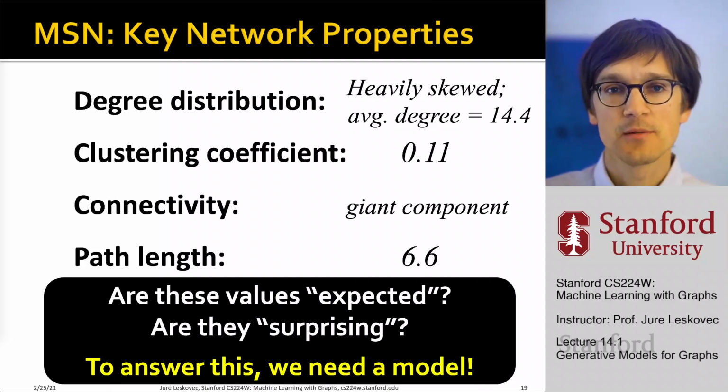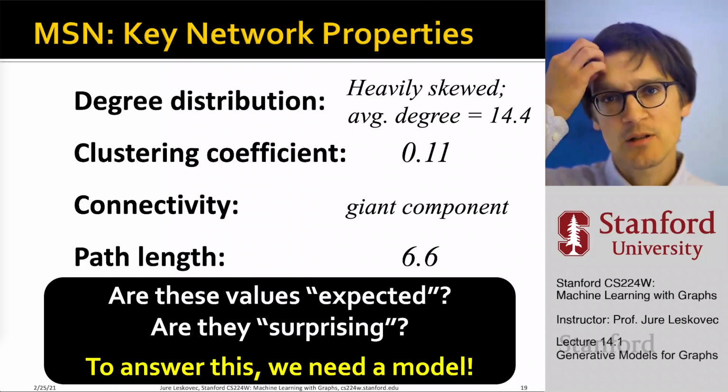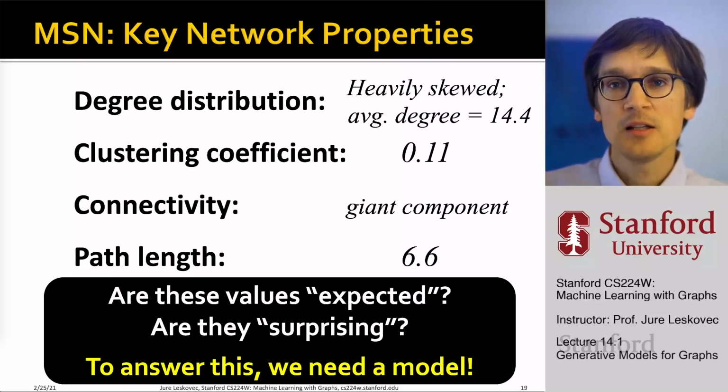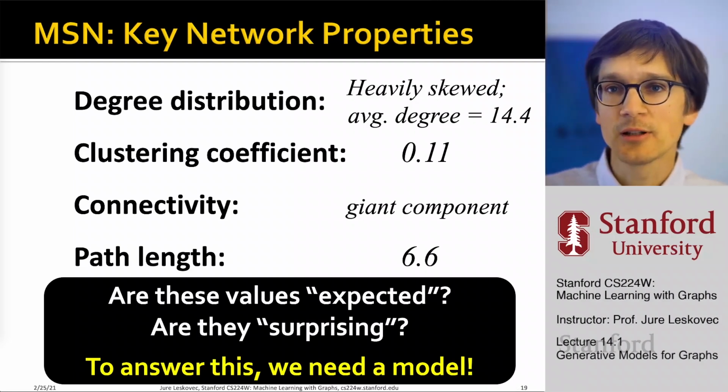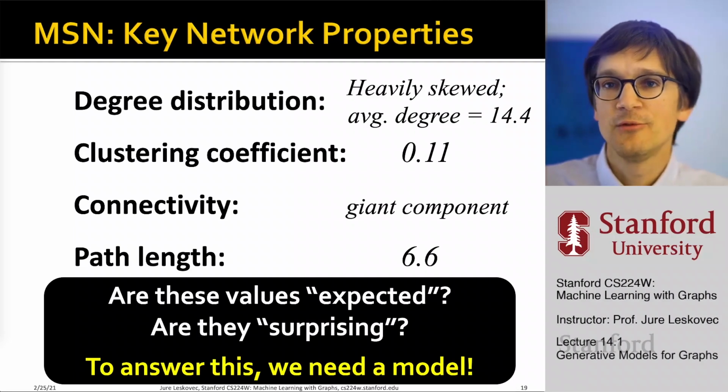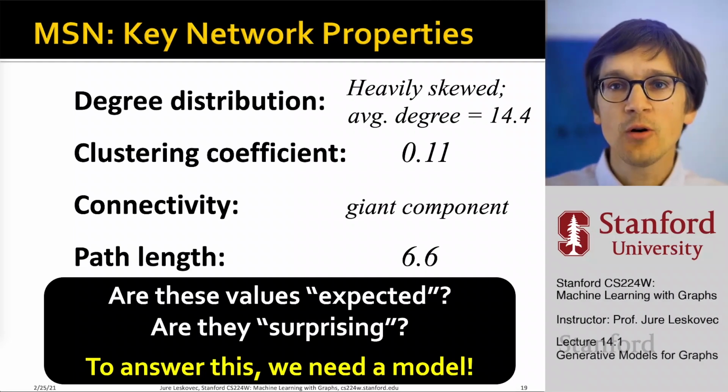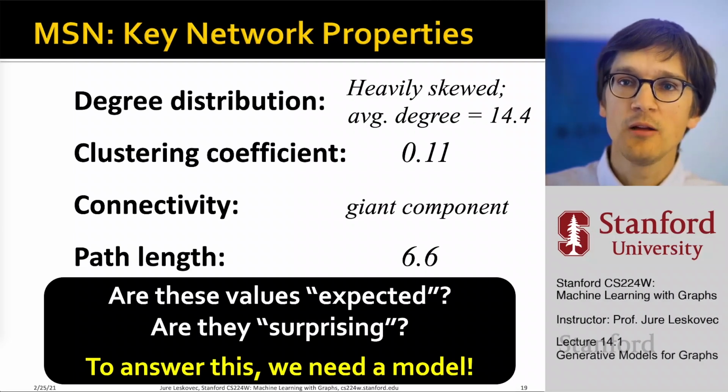As I give you these numbers, you should be asking yourself, are these values expected? Are they surprising? Should I make a fuss about it, or should we just forget about it? Is it interesting? What does this teach us? In order for us to determine whether this is interesting, we need a null model.